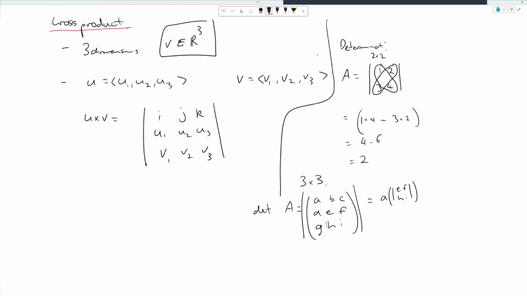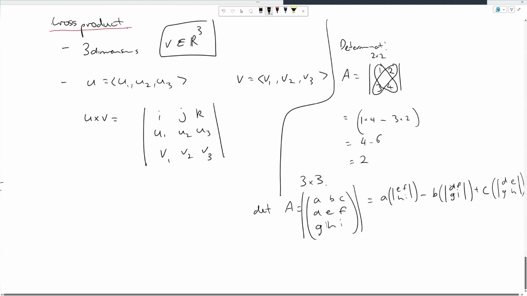Minus b, and if we're on b, you get rid of the second column and first row, and you get d, f, g, i. Plus c, so positive, minus, positive. Looking at c, you get rid of the third column and first row, look at this square over here, and find the determinant of d, e, g, h. Okay, cool.